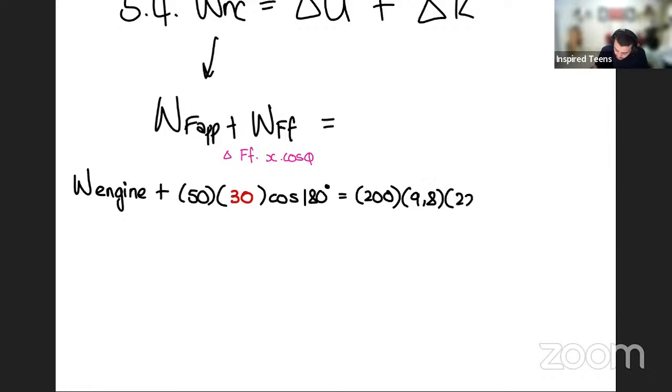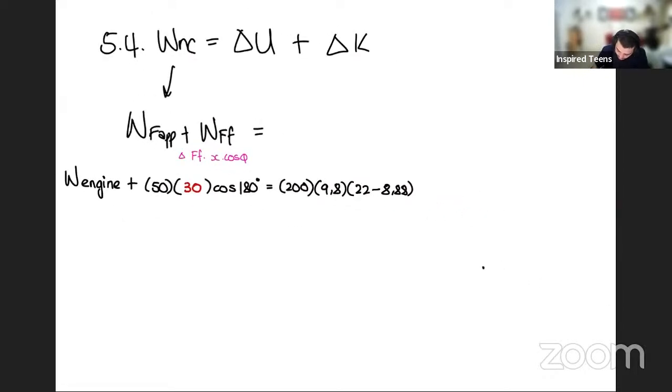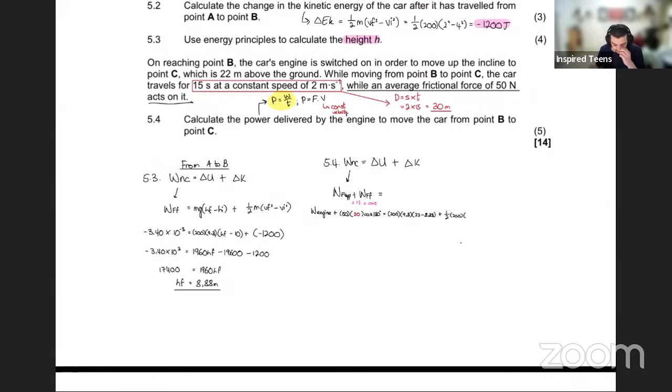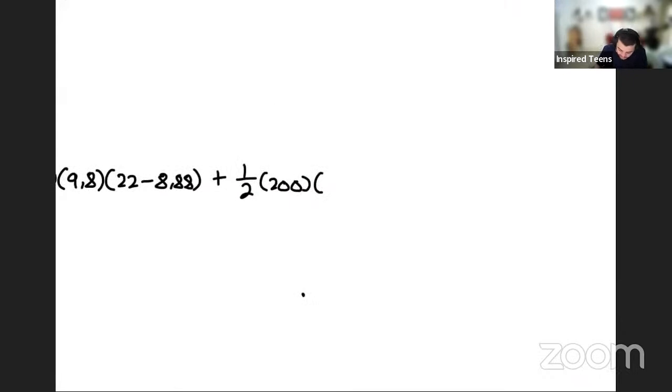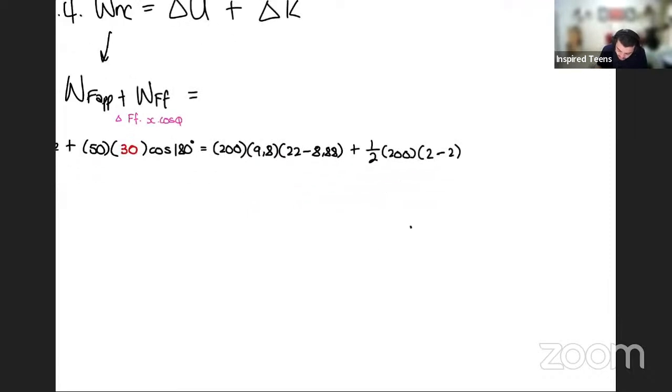Height final was 22 minus height initial 8.8. Okay, plus half 200 m, v final minus v initial. Remember, it's traveling at a constant speed, so this is actually going to be 0 because it's 2 minus 2. Okay, which is 0.